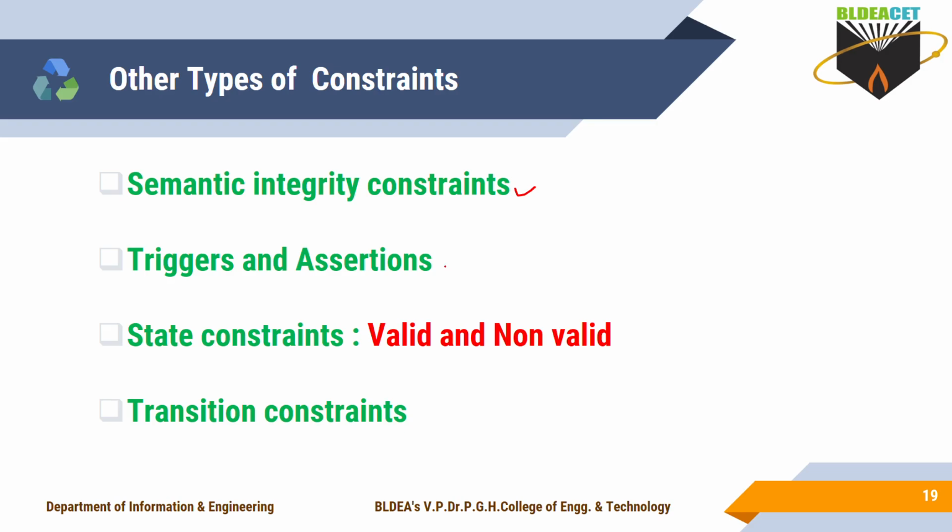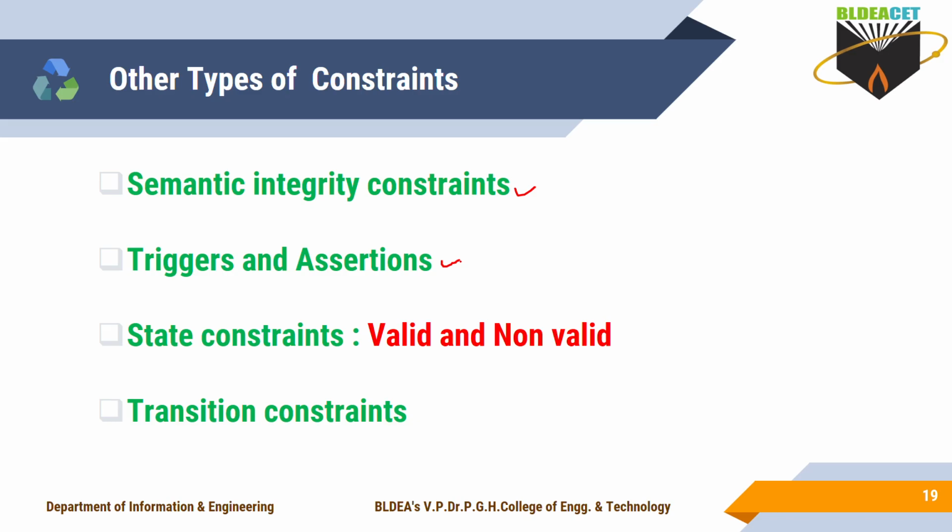Next are triggers and assertions. Triggers and assertions are related to the application. Also you have some constraints that are application oriented. If I take the company database, the employer's salary must be greater than the employee's salary.